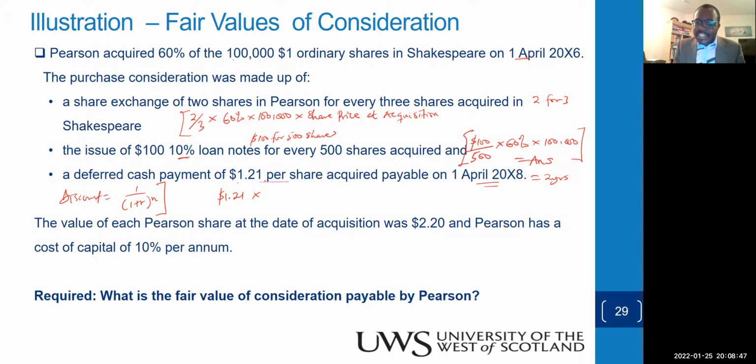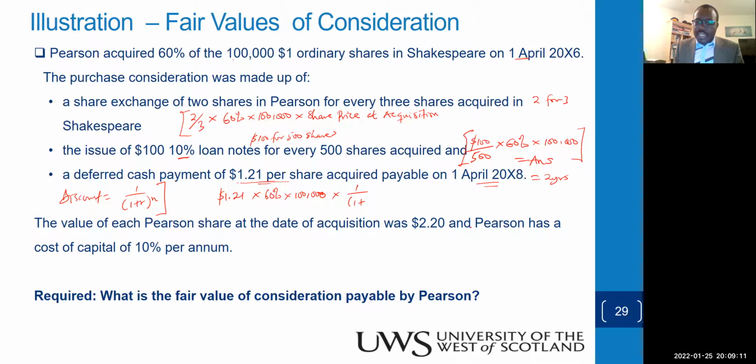Remember, they said this is per share, okay? So how many shares are we getting? We are taking 60% of the 100,000 shares. So 1.21 times this number of holdings we have in the company, times the discount factor, so 1 over 1 plus the discount rate.